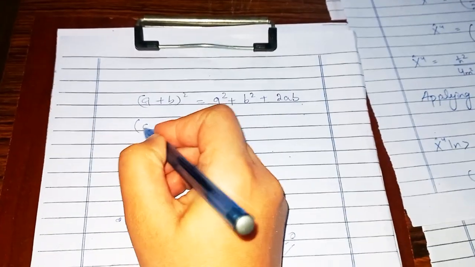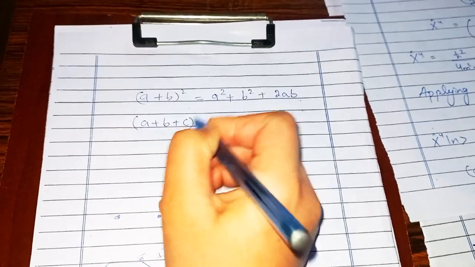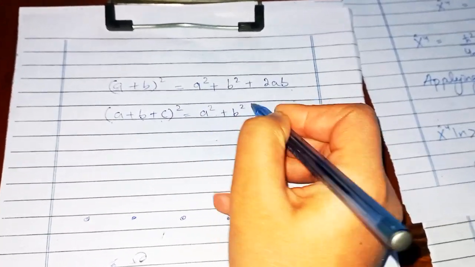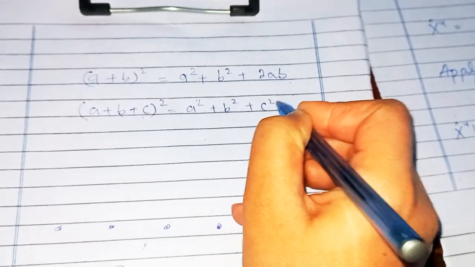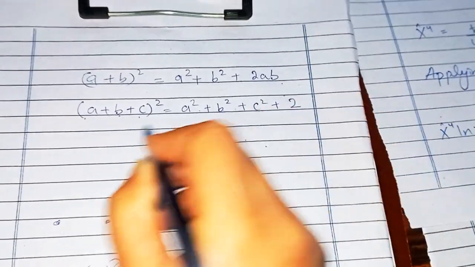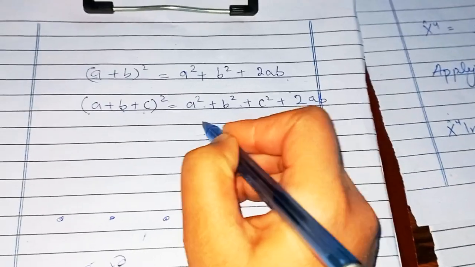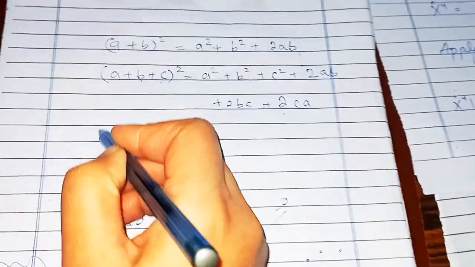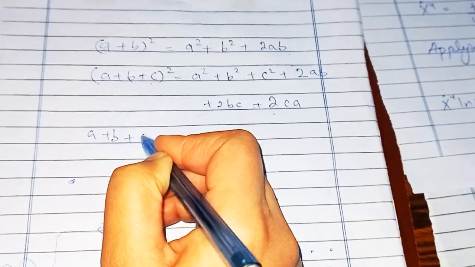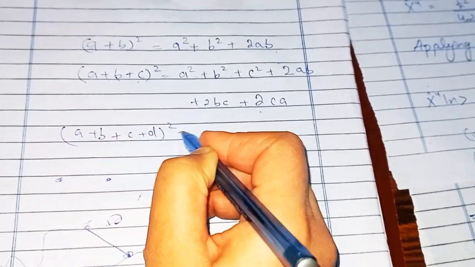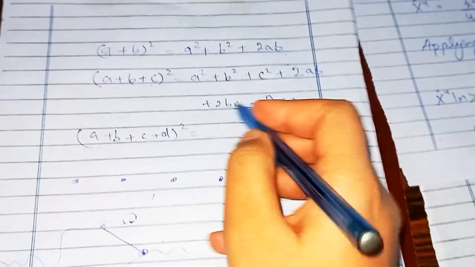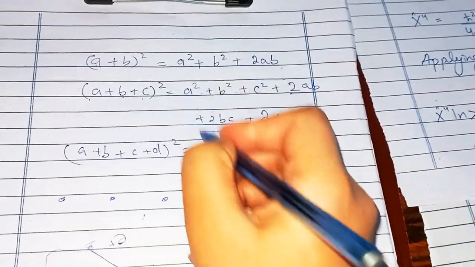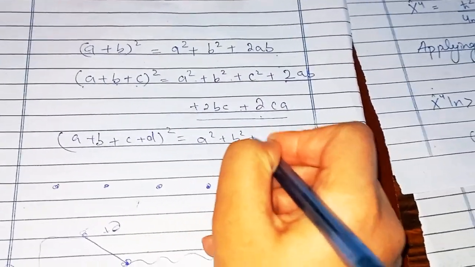If we have the square of three quantities, then we have the square of individual terms, a² + b² + c², and then three extra terms, 2ab + 2bc + 2ca. As the number of terms inside the square increases, we get a greater number of extra terms besides the squares of individual terms.